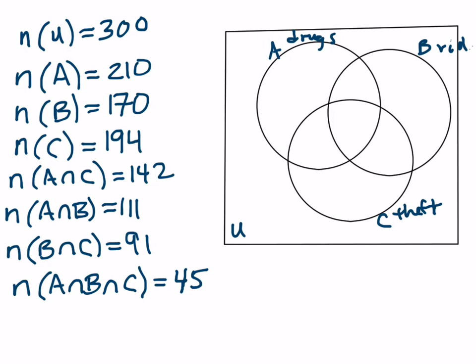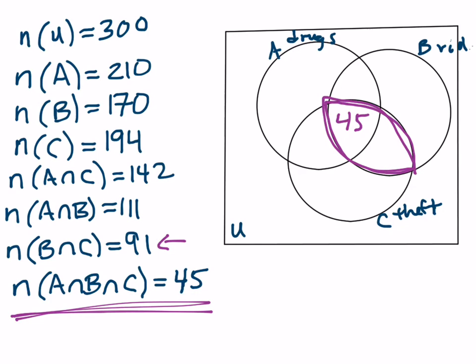So I think we can start in the middle again, and a lot of these problems do start in the middle. This time we know the number of people who were arrested for all three of those crimes, 45. Let's work backwards from here. This piece of information is people who were arrested for domestic violence and theft, so B intersected with C. Ignore circle A. If you just look at circles B and C, their intersection is this region.